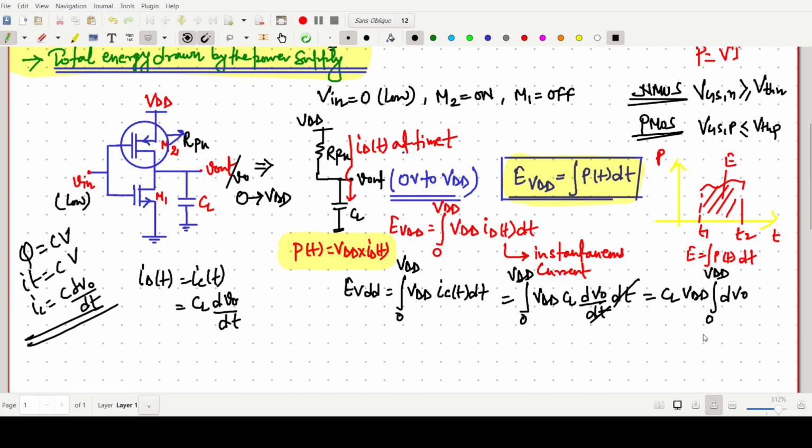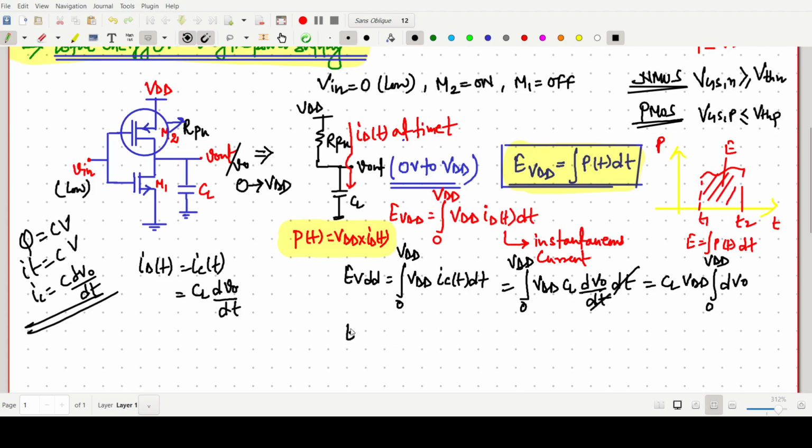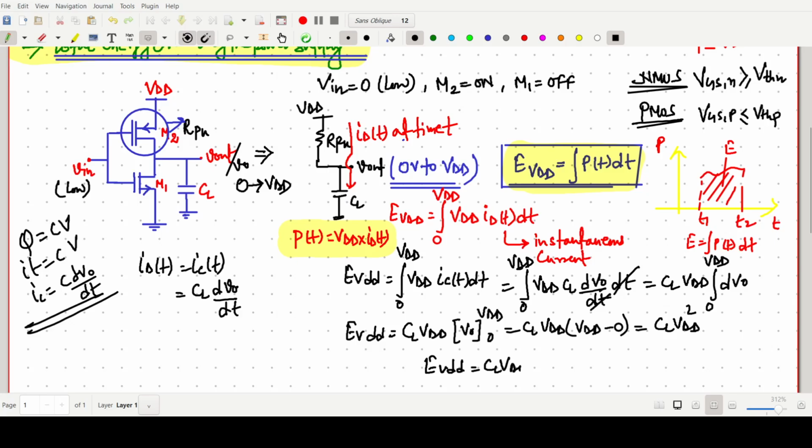So finally, what we can write, E_VDD, total energy drawn from the supply, will be CL VDD and integral, so V0 value will go from 0 to VDD. So it will be directly CL VDD minus 0, simple integration rule. So it should be CL VDD square.